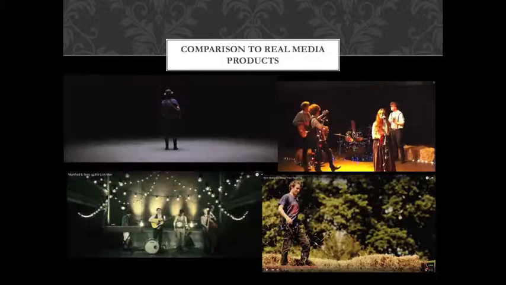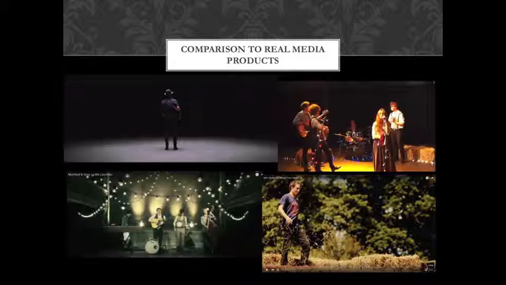So looking at real media products, obviously there's James Bay in the top left hand corner. He's got the black background and then the flooring is lit and he's lit, similarly to mine, which is in the top right hand corner. And then in the bottom right hand corner there's Ben Howard's music video for Keep Your Head Up, which has hay bales in, which is similar to mine in the top right hand corner.